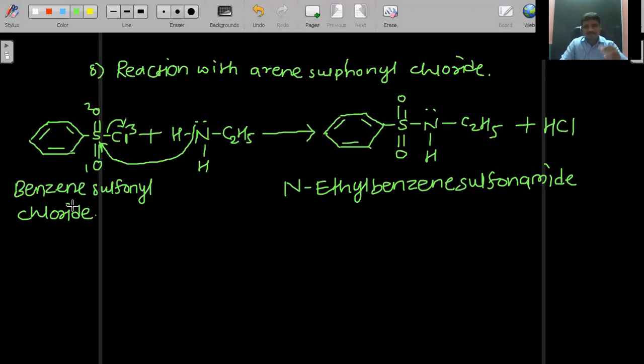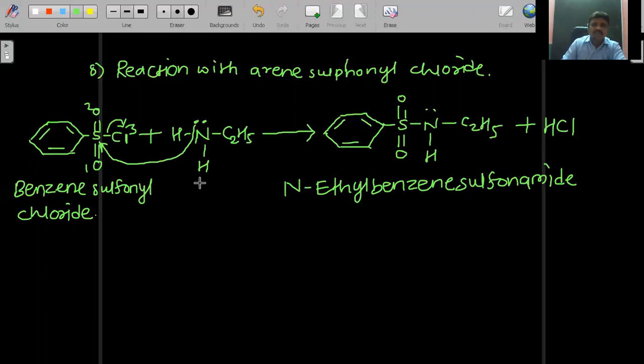So these groups withdraw electron density from sulfur and make the sulfur electron deficient, so nitrogen attacks on the sulfur, because nitrogen is electron rich. Okay. So this is our major formed product and HCl is minor product.